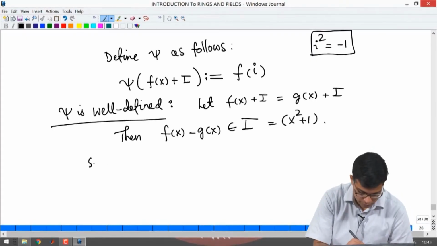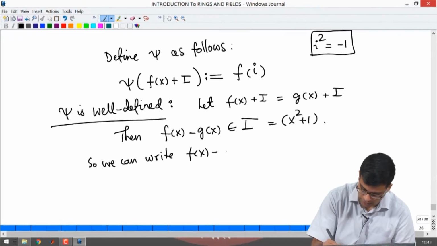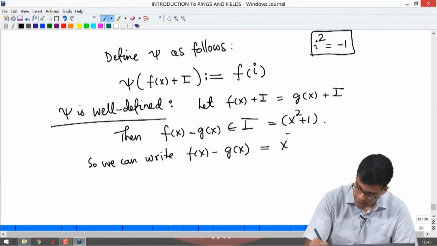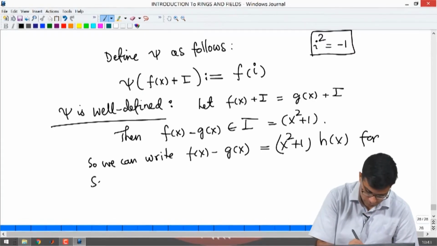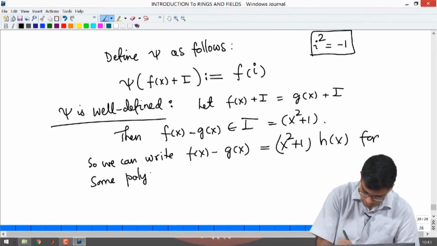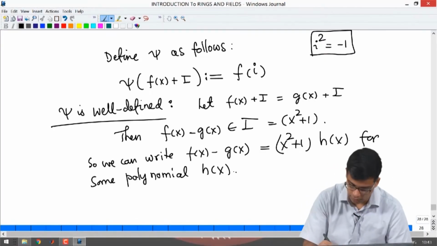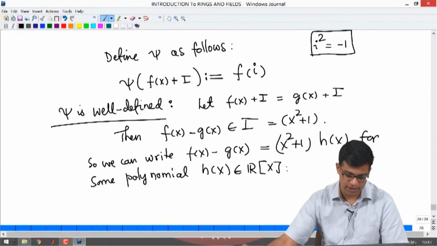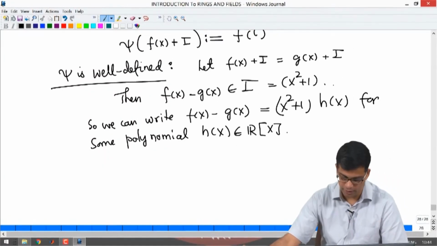So, we can write f(x) minus g(x) is equal to (x squared plus 1) times h(x) for some polynomial h(x) in R[x]. See, all this is happening now in R[x], not R[x] mod I. So, everything from this point onwards is happening in R[x].